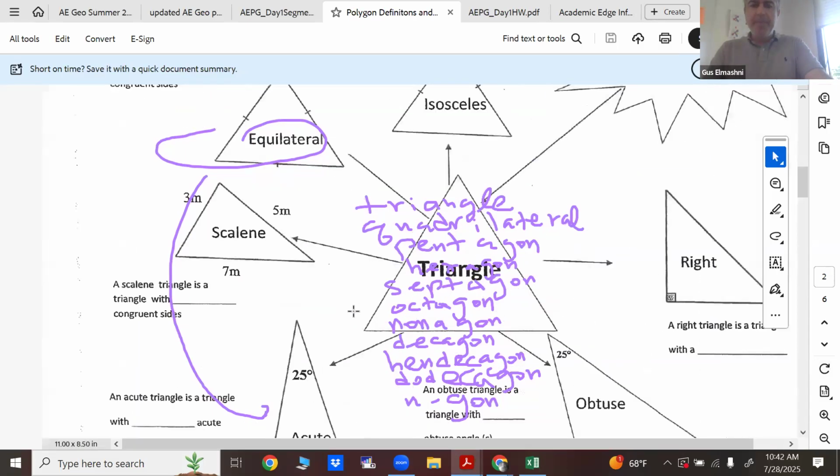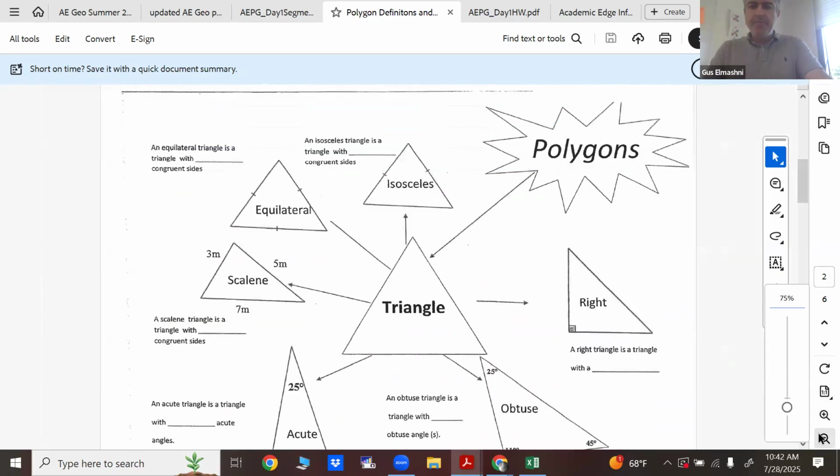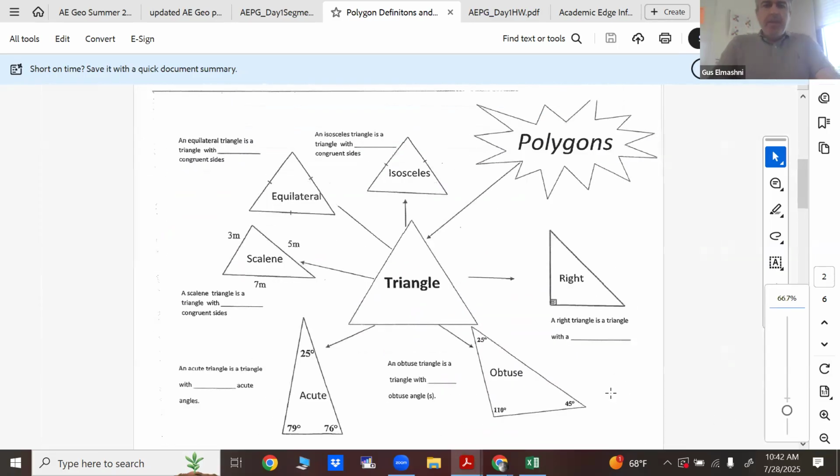Right, here we go. Yeah, this is good. This is on the assessment we had earlier today. Yeah, 100%. An equilateral triangle is a triangle with 3 congruent sides. Congruent means equal, like same measure, same shape. Isosceles has 2. Scalene has no, or 0, congruent sides.